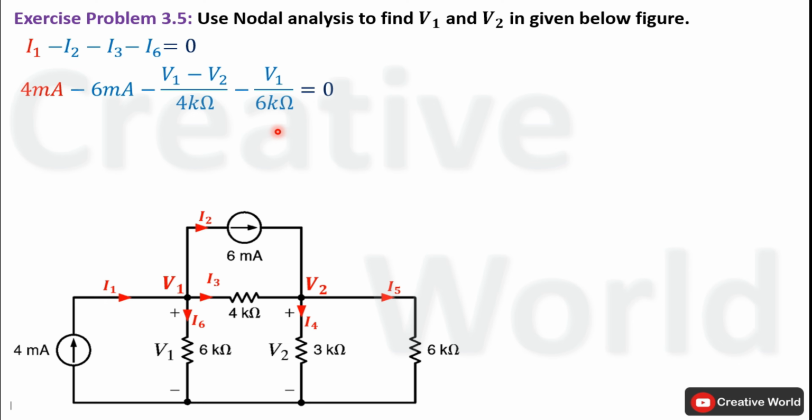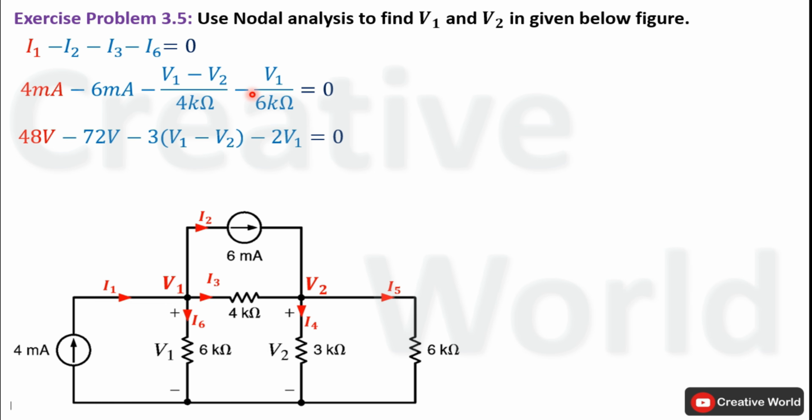Now, in order to omit denominator values, we will multiply this equation with 12 kilo ohm. The product of 12 kilo ohm and 4 milliampere will result in 48 volt. Similarly, the product of 6 milliampere and 12 kilo ohm will become 72 volt. Here 12 kilo ohm will cancel out with 4 kilo ohm in the denominator, only 3 will remain.